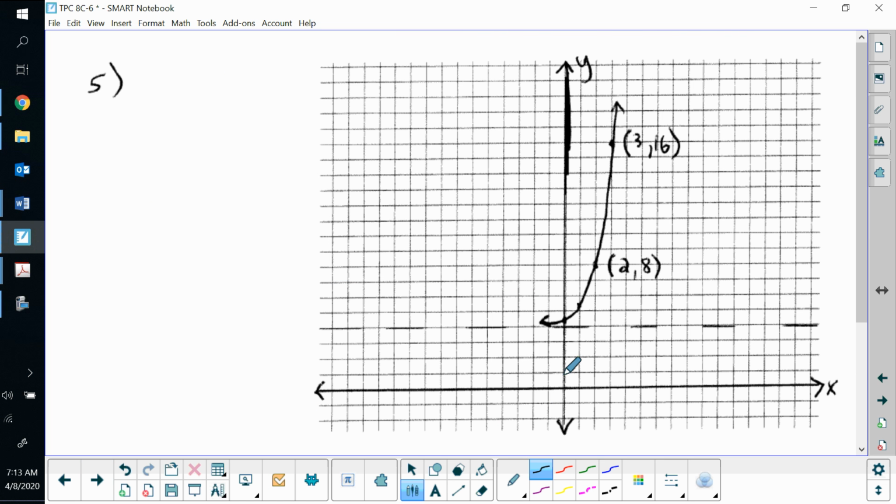All right, next one, if we look, we're leveling off at 4. That wants to be the first thing you're looking for with these. So we're going to jump right to subbing in. We'll have 16 equals a times b to the third, with that plus 4 on the end. And we're going to have 8 equals a times b to the second, with the plus 4 on the end.